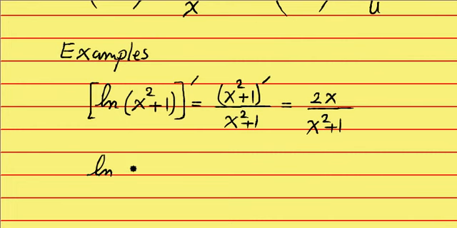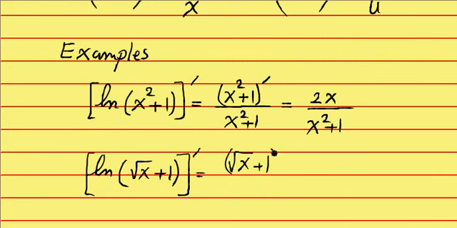Suppose I had the logarithm of, say, radical x plus 1. I want to differentiate this. I have to differentiate the substitution and divide by the substitution. The derivative of radical x plus 1 is 1 over 2 radical x.